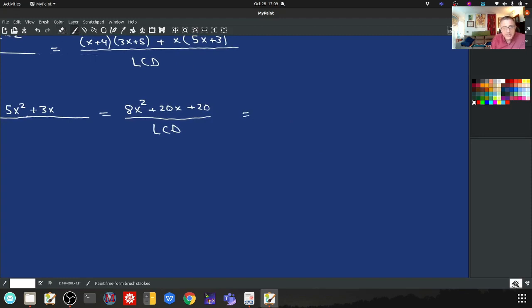Notice that 8, 20, and 20, I can factor out a 4. So I can simplify the numerator a little bit. So I'm going to factor out a 4. 8x squared divided by 4 is 2x squared. 20x divided by 4 is 5x. And then my LCD, which I guess it is a good idea to write it out, is (5x + 3)(3x + 5).